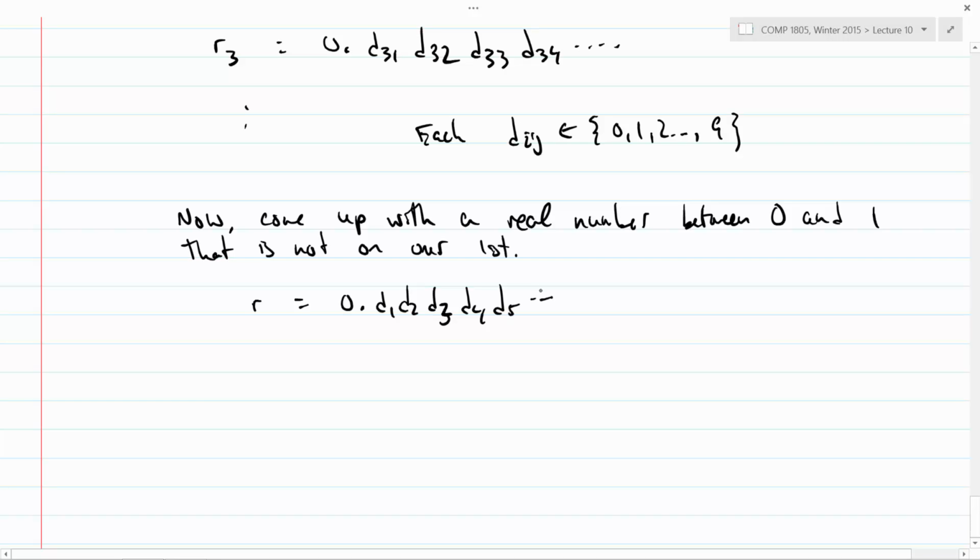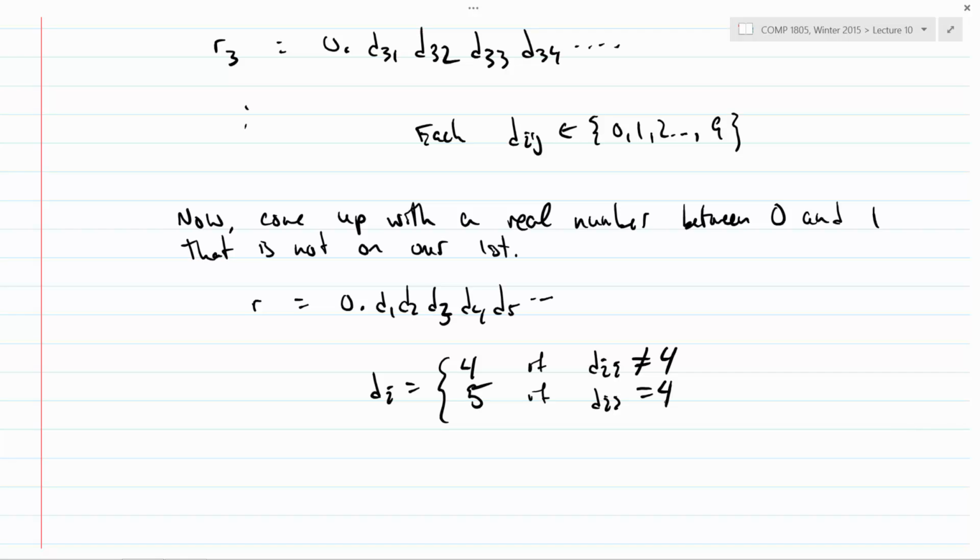I haven't said what the D's are yet. Di is going to be equal to 4 if Dii is not 4, and it's going to be equal to 5 if Dii equals 4. There's nothing special about 4 and 5 here. You can use any two different numbers that you want. So this is my number.